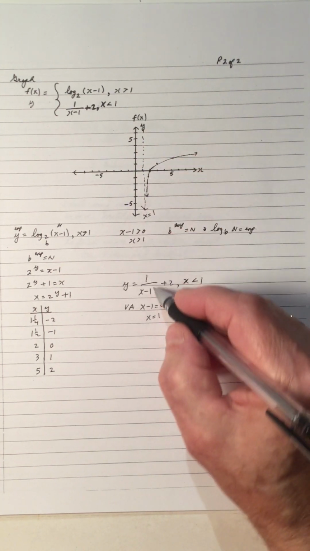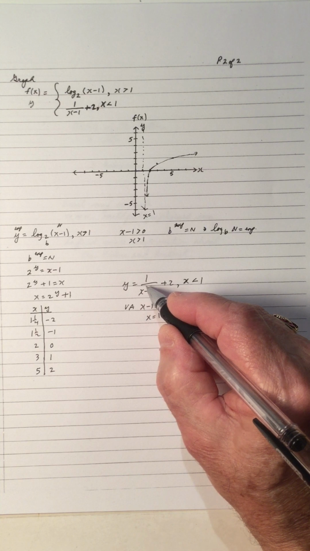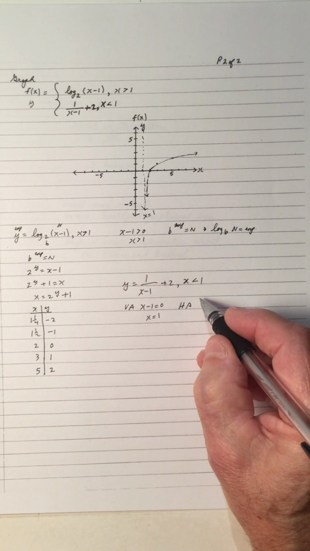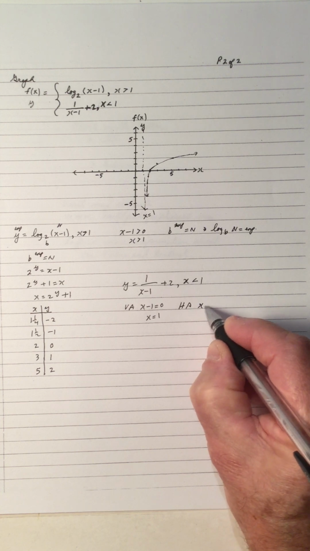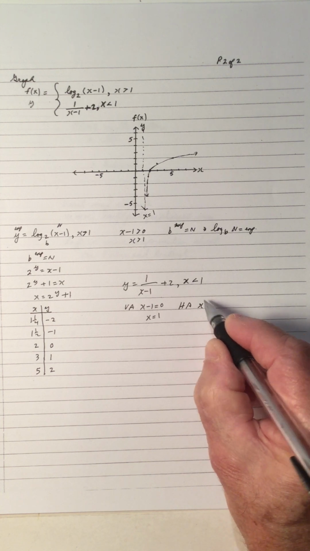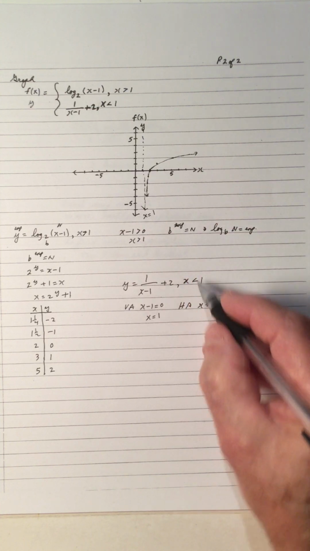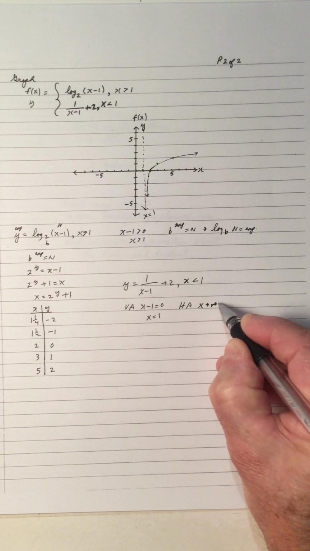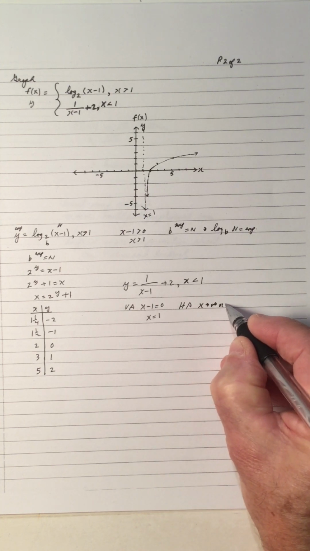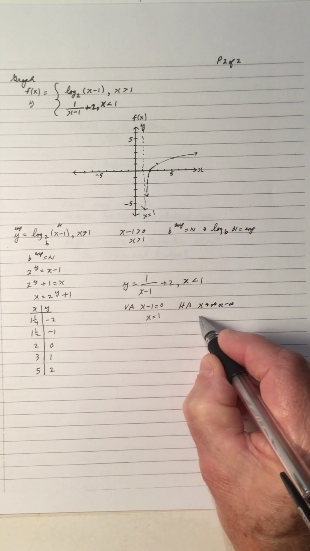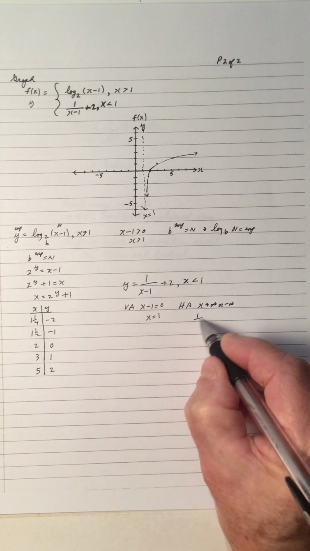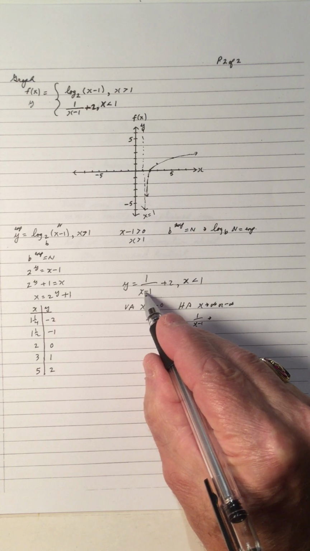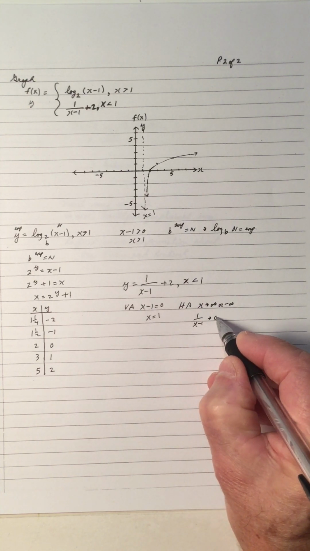Okay, this is a rational function, so let's look at the horizontal asymptote. The horizontal asymptote is what happens if x is approaching, notice if x is getting larger and larger on the positive side or on the negative side, that means that 1 over x minus 1, as x is getting larger and larger, this fraction is approaching 0.